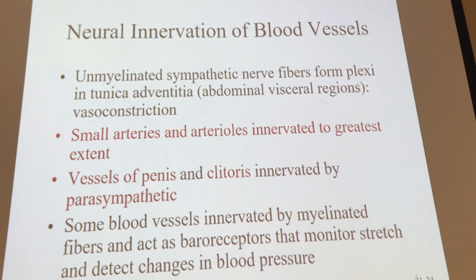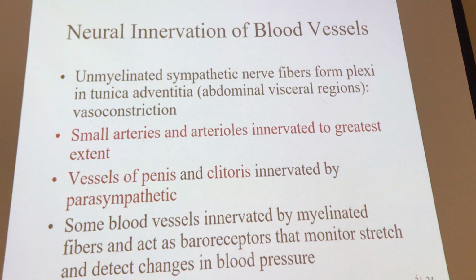Neural innervations of blood vessels. Small arteries or arterioles are innervated to the greatest extent. All right? It's kind of weird, but the vessels of the penis and clitoris are the only ones that are innervated by the parasympathetic nervous system. Weird, right?